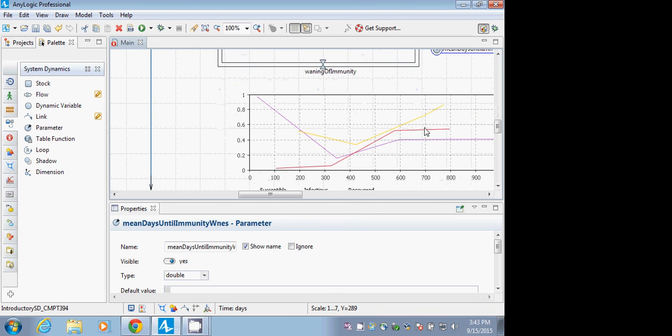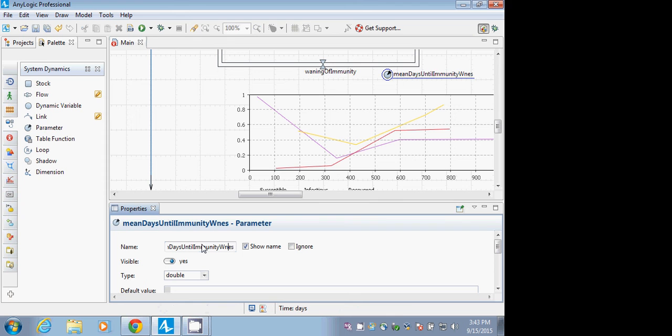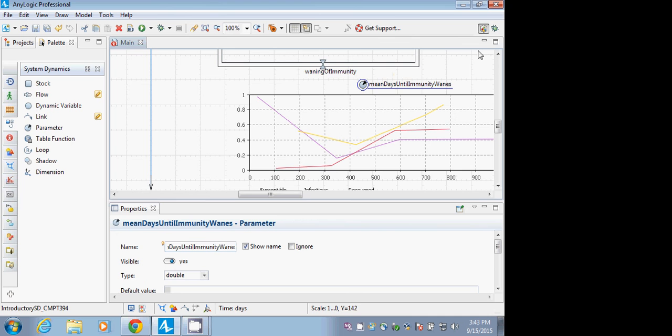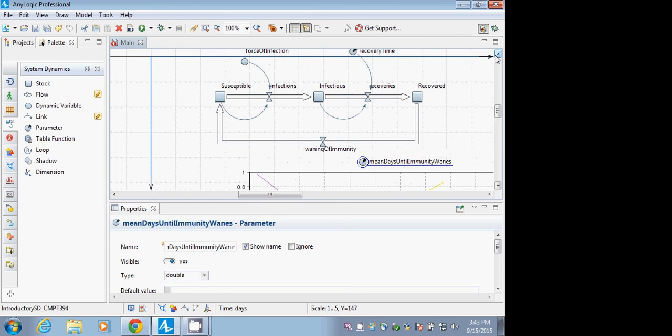We should be able to have a better name than that, but given the time, that will do. Okay, mean time until immunity wanes. Now you're going to tell me the formula to insert.